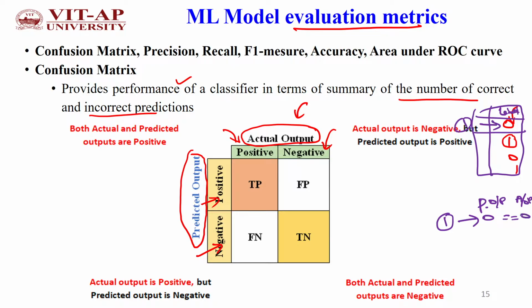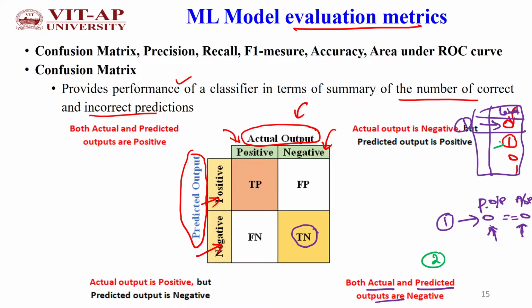The actual output is 0, the predicted output is 0. That means this is negative, sorry, this is also negative. So both actual and predicted outputs are negative, and that is called true negative.